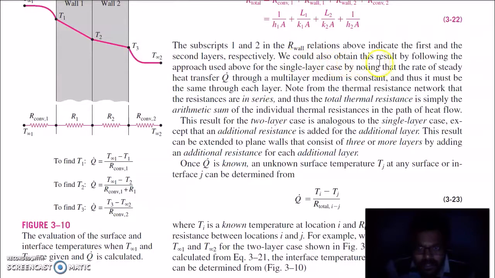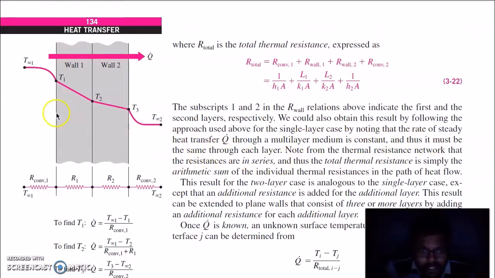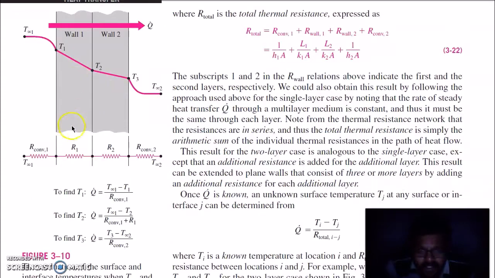We can also obtain this result by following the approach used above for the single layer case, by noting that the rate of steady heat transfer Q through a multi-layer medium is constant, and thus it must be the same through each layer. Because we have two layers, the heat transfer through both layers is the same, constant. It means for an individual layer you can apply this equation and you can solve for temperature.